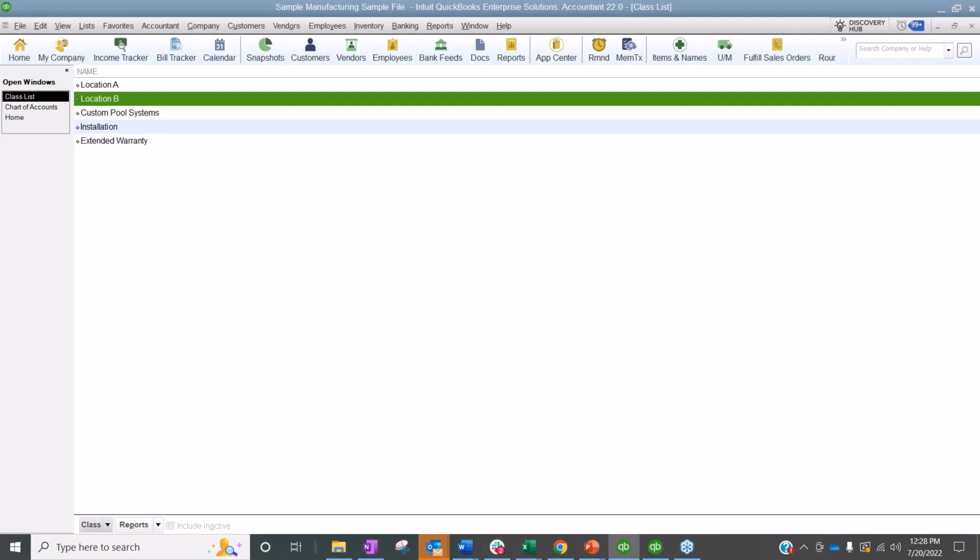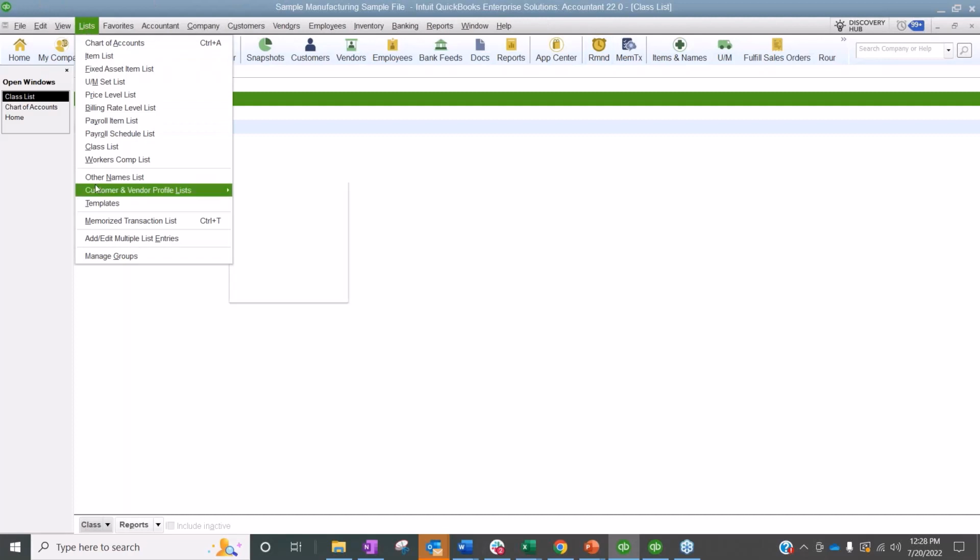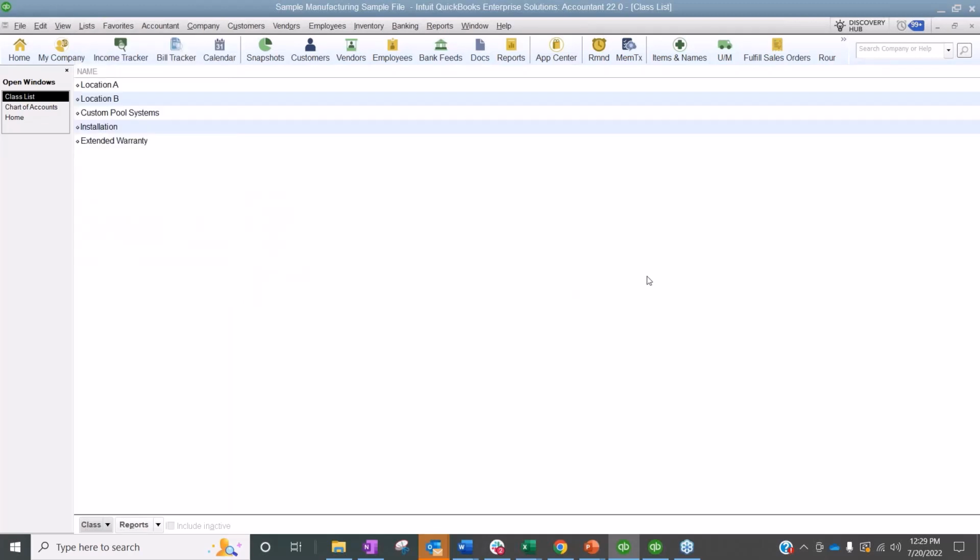That can help you too, because of little things you wouldn't even think about. I always go to this one because it's so silly to me: the ship via. You can actually run a P&L by ship via. Who would ever run a P&L by FedEx, UPS, USPS? I don't know, but we can use that field to get to some of these other things too. So we did a webinar on that a couple weeks ago.